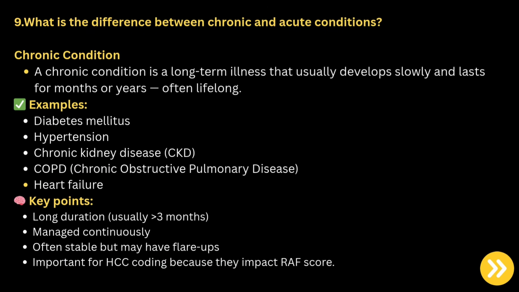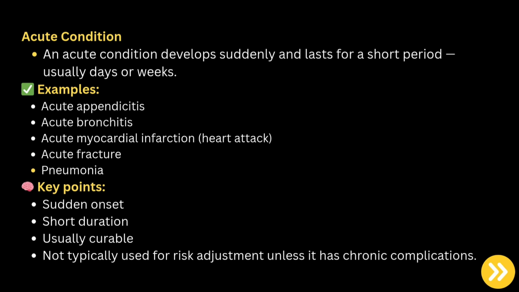So everything is done. What is the difference between chronic and acute condition? A chronic condition is a long-term illness that usually develops slowly and lasts for months or years. Examples: diabetes mellitus, hypertension, CKD, COPD, heart failure. The key point is it should last more than 3 months, be managed continuously, and is often stable but may have fluctuations.